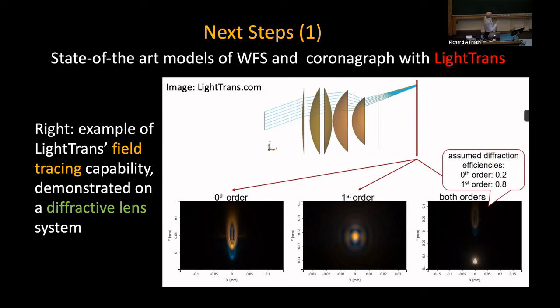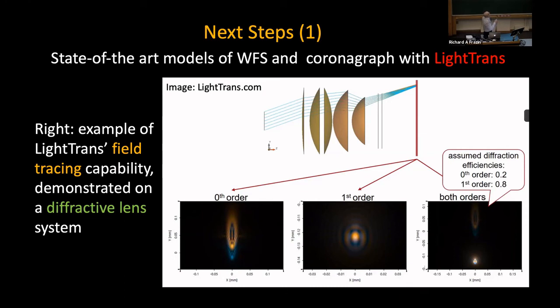This is a diffractive lens system. So what's a diffractive lens system? Well, you take a standard kind of lens, but then you put some etching on it to give the surfaces some diffractive power. So then you've got a device that, yes, you need ray tracing to deal with getting in and out of glass, but then the grooves on the surface mean you have to deal with the diffraction too.